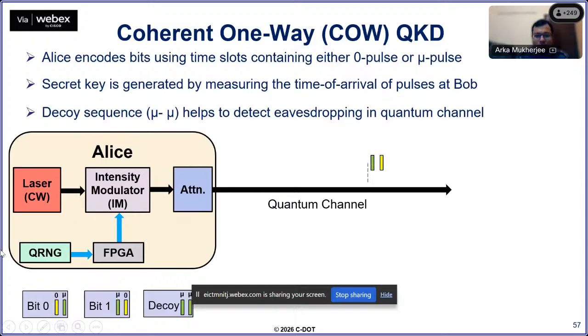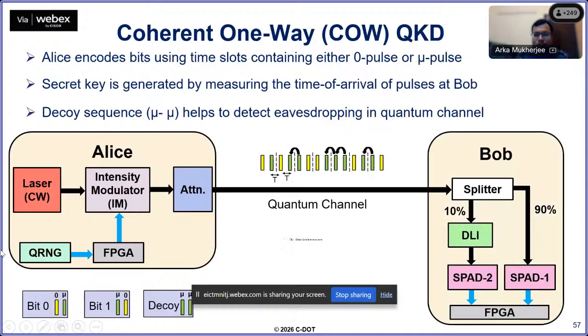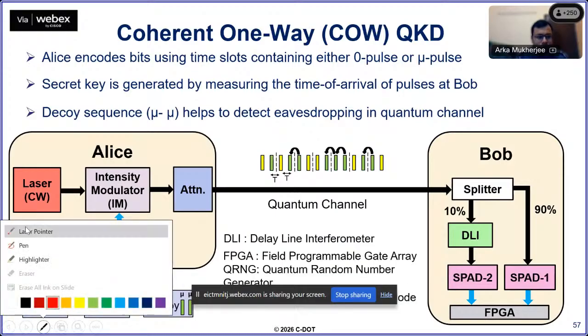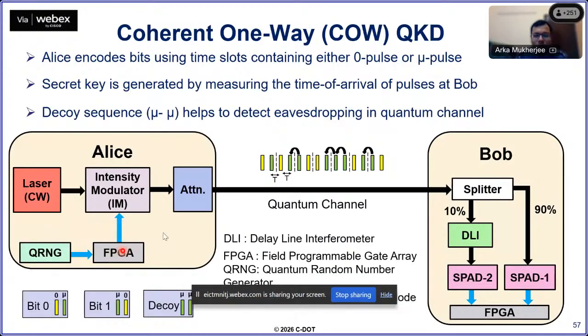FPGA is basically the heart of the system, because when this detector clicks, the FPGA registers this click. The classical channel is again connected between these FPGAs. That's how this system works. FPGA is required because it works as the heart. All this QKD protocol that is implemented using RTL logic is implemented in the FPGA.